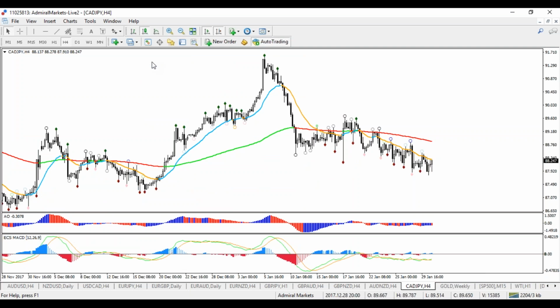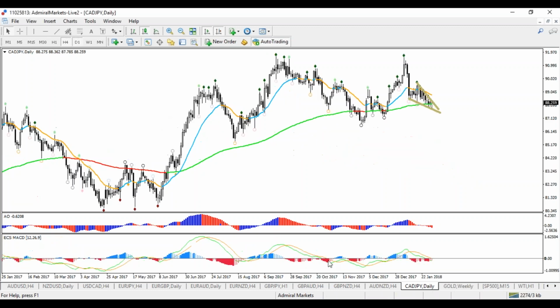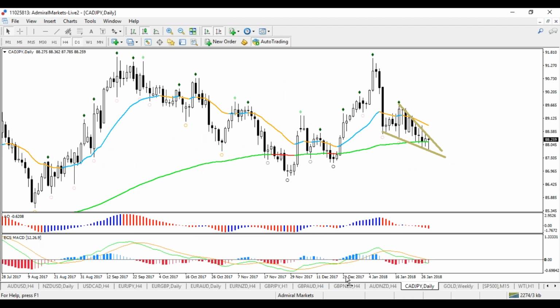With regard to the CAD yen, I think that it is making a little bit of a falling wedge, which ultimately looks bullish.